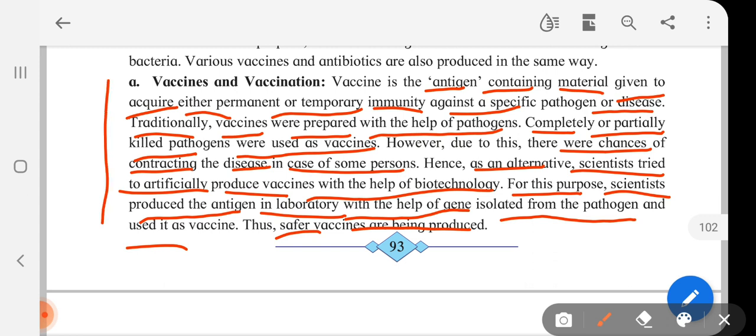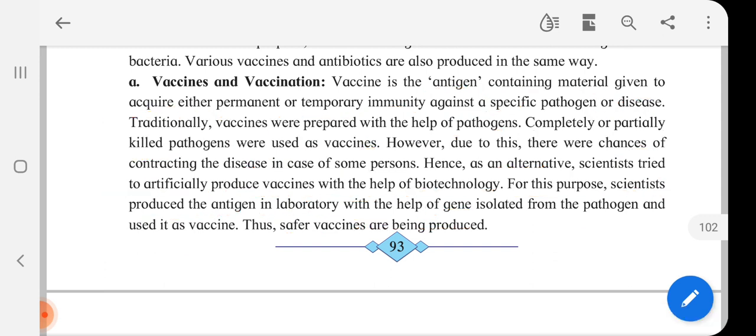So, if we talk about vaccines, nowadays we all know about the vaccines being produced on a large scale for a very dreadful disease called COVID-19. You must have heard about the vaccine production, which is now in process and is being given to people who are health workers. So, how are these vaccines produced? As mentioned here, earlier pathogens were used, completely or partially killed.